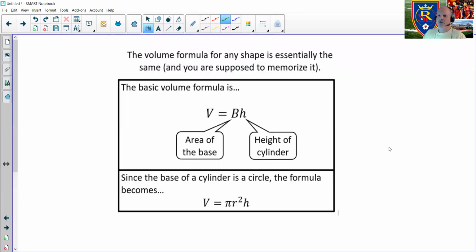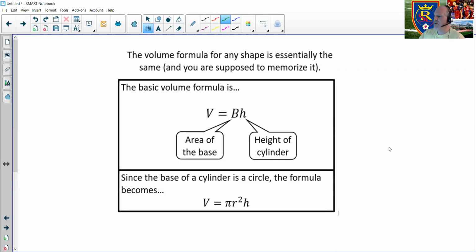Okay, moving on to Notes 8.2. On Notes 8.2, we're now starting to calculate volume of three-dimensional shapes. And for most of our three-dimensional shapes, there is one fundamental formula for calculating the volume.